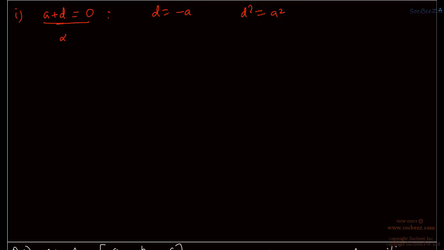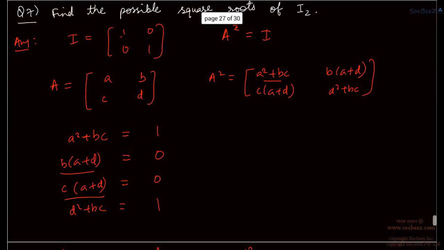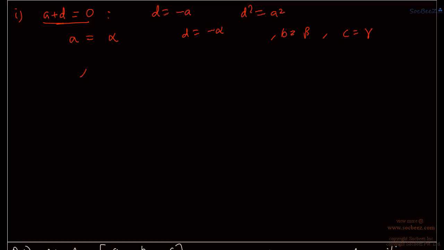So d is equal to minus a, and I just assume any random value of a. So I take a equal to alpha, that gives me d equal to minus alpha, right? At the same time I assume b equal to beta and c equal to gamma. Now substituting in either of the remaining two equations gives you the same thing: alpha square plus beta gamma is equal to 1.